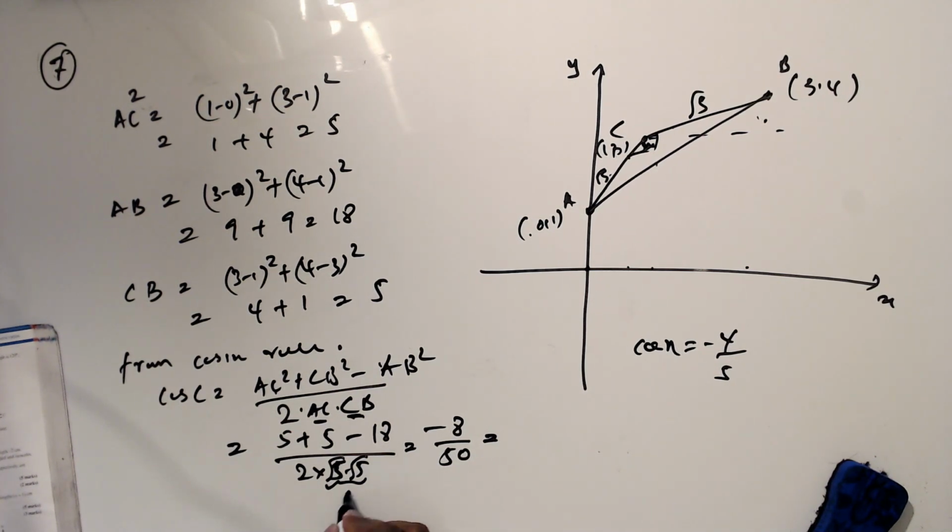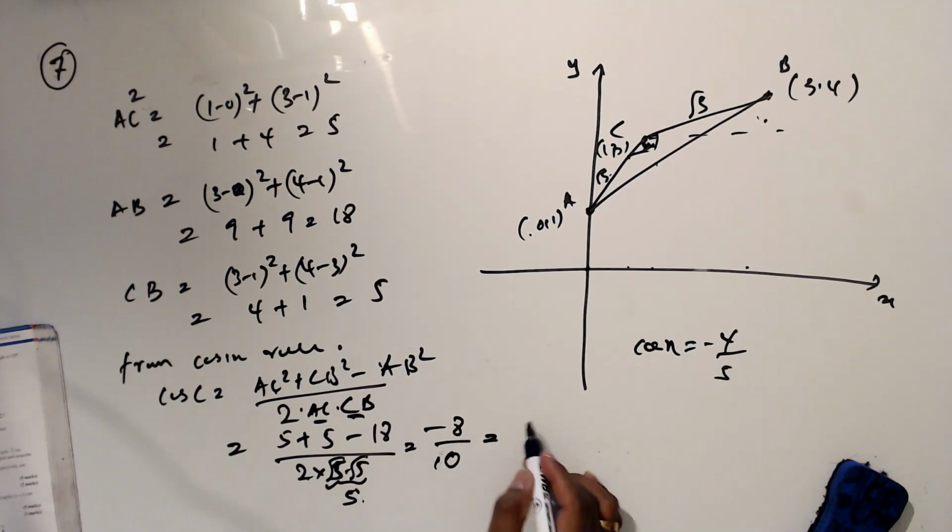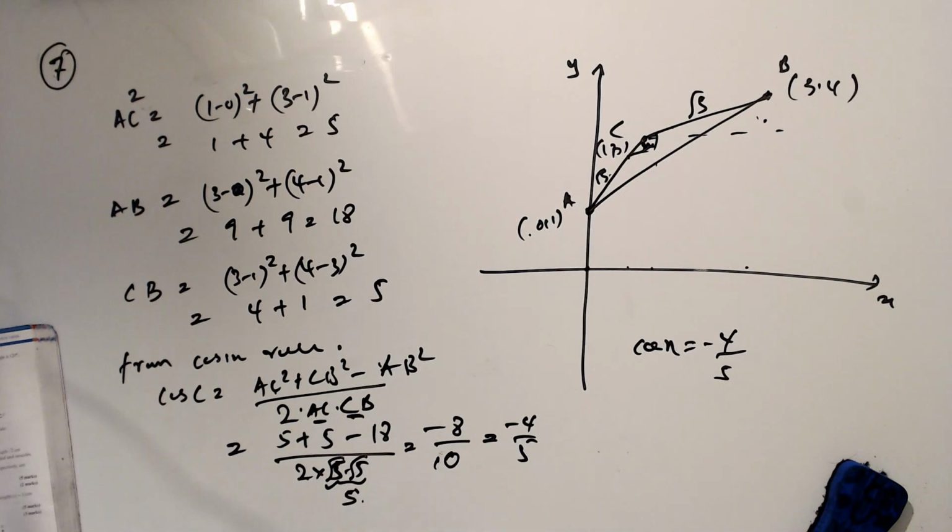This makes 5, and this is 2, this is 10. So it is minus 8 over 10. It is going to be minus 4 over 5.